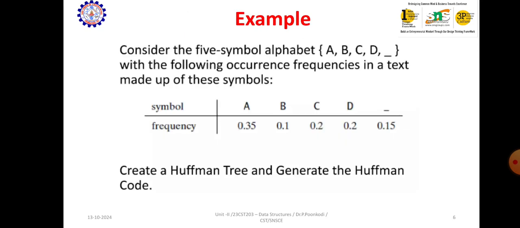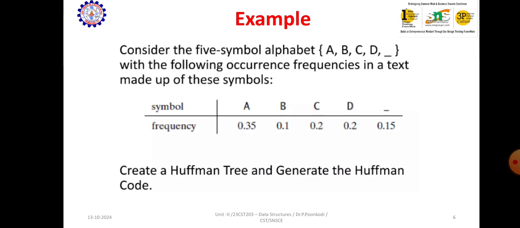You can consider these 5 symbol alphabets: A, B, C, D, hyphen. For these symbols the frequency is given, that is, the probability value is given. For this given table, first we have to construct the Huffman tree. With the help of the Huffman tree, we have to identify the code word for each.